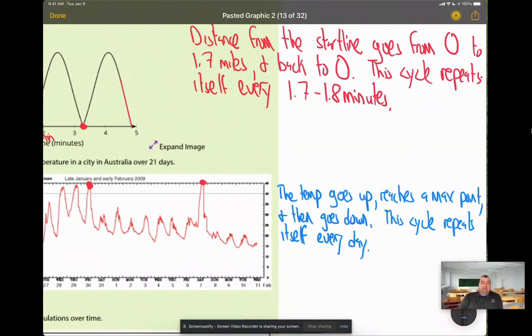The important thing to note is, unlike number 1, the max and min points for each day are different. Okay? The max and min points for each day are different.